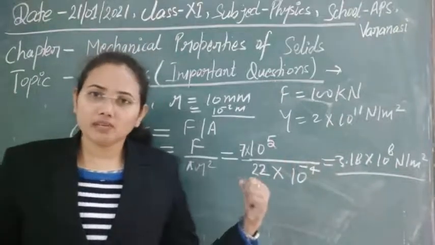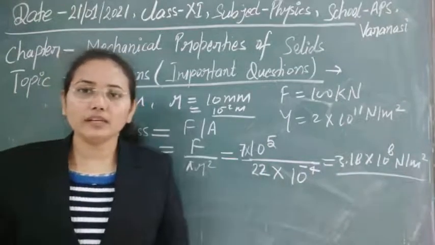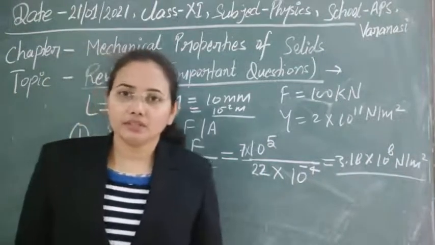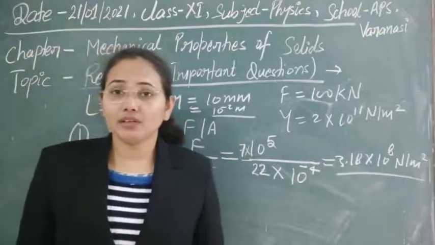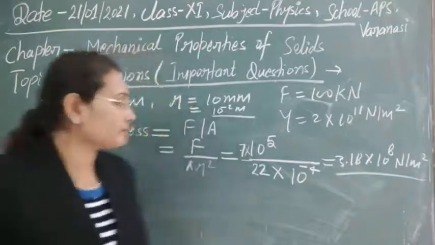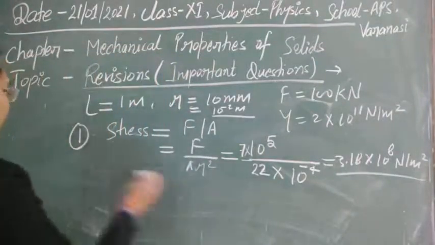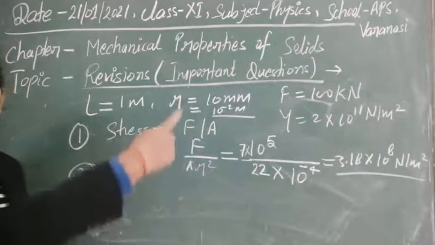So some things will be given in your question, and you can calculate the cross section easily. It can be a circular, rectangular or square cross section, whatever it can be. Clear?